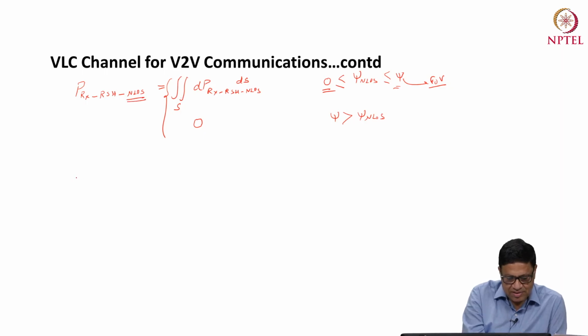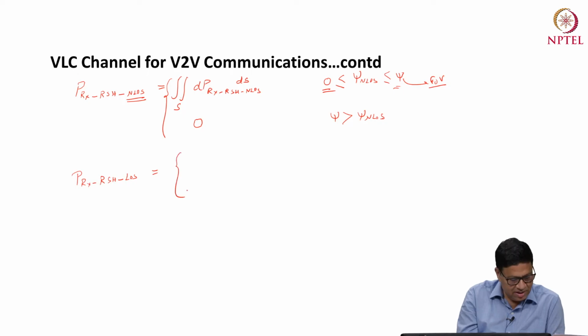Similarly, we can calculate the component which is coming from the line of sight, that is PRX from the right side lamp, LOS. So this will be given as I RSH.